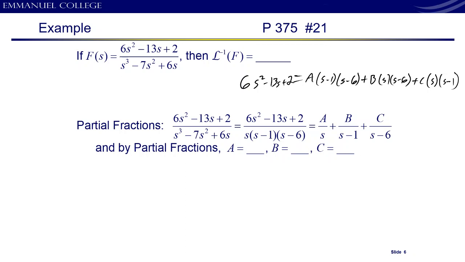So if s equals 1, I get 6 minus 13 plus 2. And that's going to be equal to b times 1 times negative 5. So negative 11 plus 6 is negative 5, which equals b times negative 5.